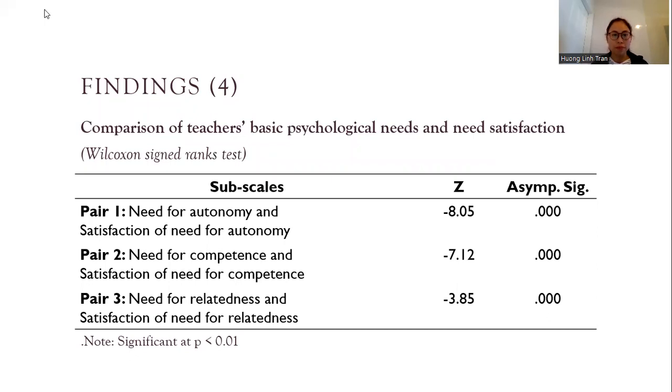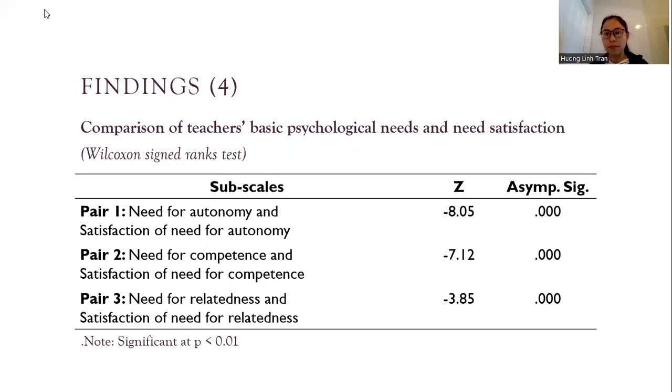The study found that there is a significant difference between the teacher need for autonomy and the satisfaction of their need for autonomy, between need for competence and the satisfaction of their need for competence, and between teacher need for relatedness and the satisfaction of the need for relatedness.